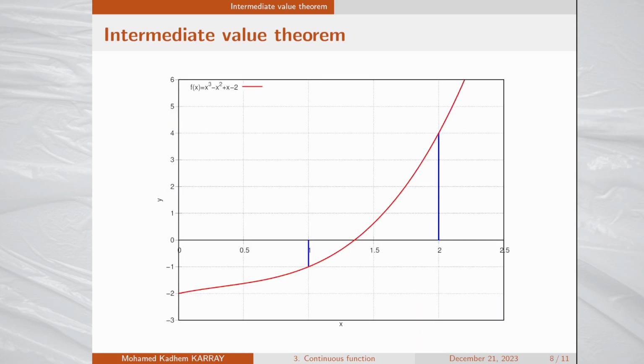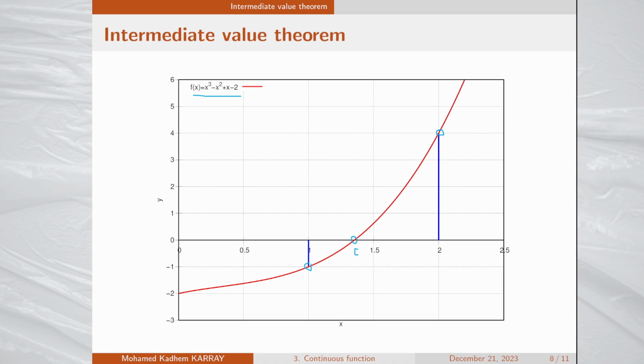So here is a graph of a function to illustrate the intermediate value theorem. So the function has this expression. You see that at point 1 the function is negative, whereas at point 2 the function is positive. So there is some c here where the function equals 0.